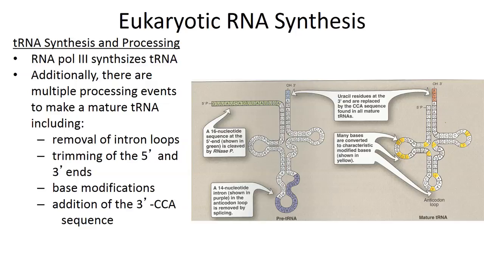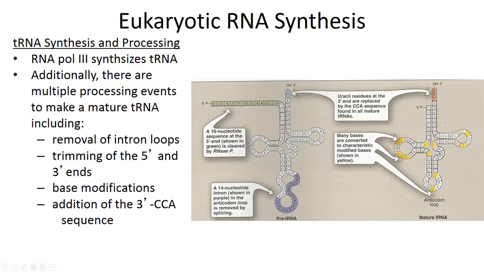One of the things about transfer RNAs is we have a whole bunch of processing events that go on, both in prokaryotes and in eukaryotes. Some of these processing events, we have to remove some intron loops. Okay, so what's shown here in purple is an example of an intron loop. In the mature transfer RNA, that's not going to be there. So we actually have to cleave that out and join those 2 ends. Okay, we're going to talk a little bit more about splicing shortly.